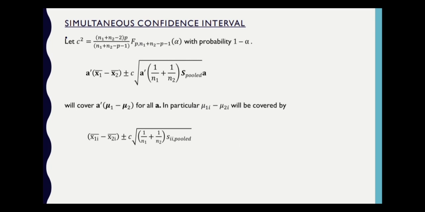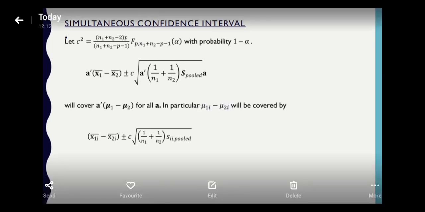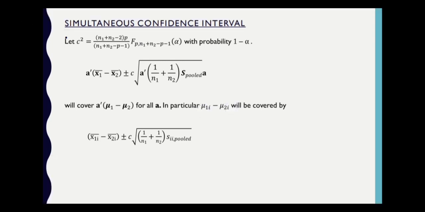So it will be mu 11 minus mu 21 for the first variable, and then we need to find one more confidence interval for mu 12 minus mu 22, meaning the confidence interval for the second variable. Alright, so this is the formula.